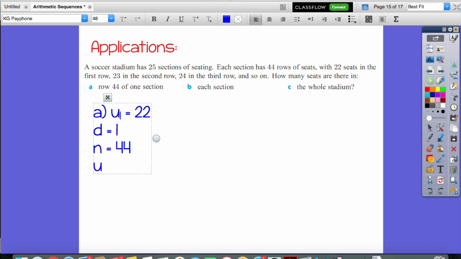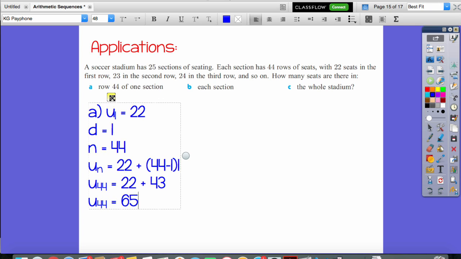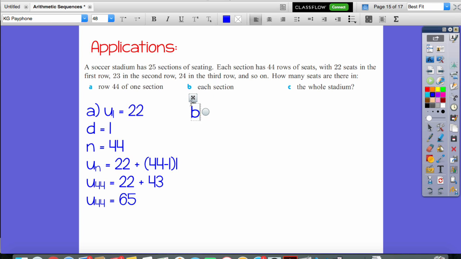So we can go ahead and use that very first formula that we did last Friday of u sub n equals u1 plus n minus 1 times d. Okay, so then we'll figure out that our number of seats in the 44th row are going to be 22 plus 43, which is 65. So we know there's 65 seats in the 44th row. Okay, not too bad.